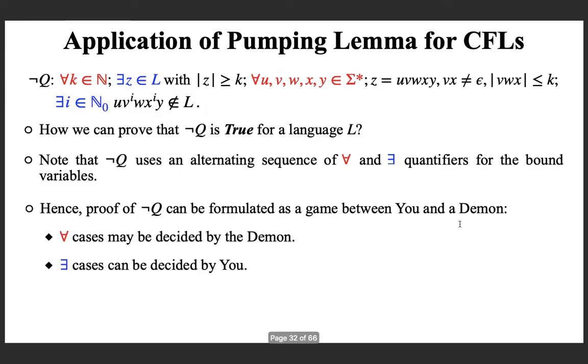The for all cases are decided by your opponent because you don't have any control. It must be true for all possible cases. So assume that you have a nice opponent, who can give you the best possible choice. So for all should be played by the opponent or demon, and there exists can be decided or played by you.